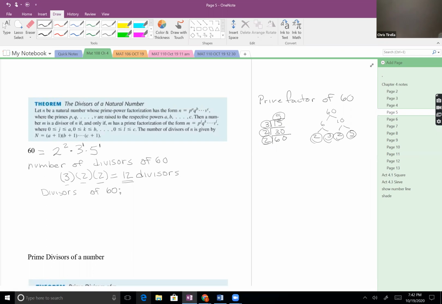Anybody have a preference as to which method we use? The authors like that method of looking at the exponents, but not gonna lie, I kind of like starting with, well, that's 1 times 60.